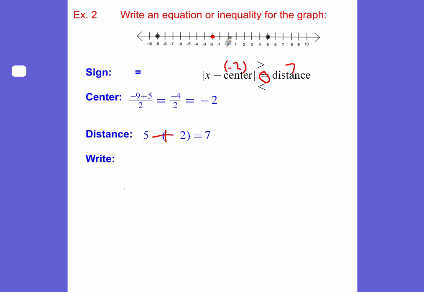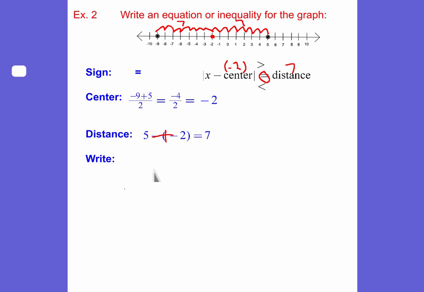Instead of doing the subtraction, once I knew the center, I could just count 1, 2, 3, 4, 5, 6, 7 spaces, or the same thing in the other direction, 1, 2, 3, 4, 5, 6, 7 spaces. Either way, it doesn't matter. You can do this algebraic method, or you can do it graphically. Either way, you get 7.